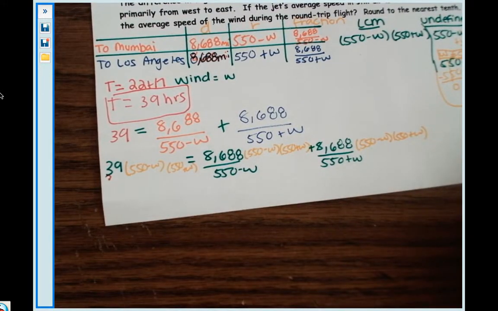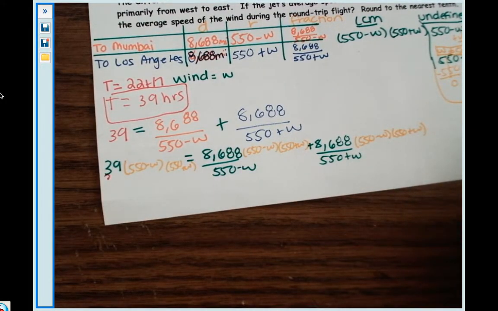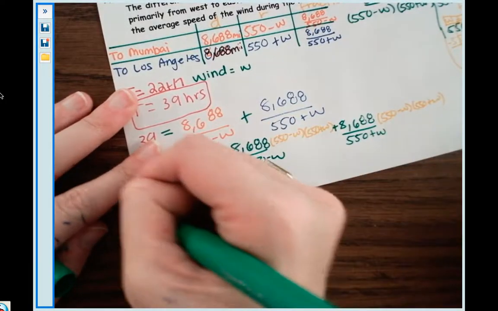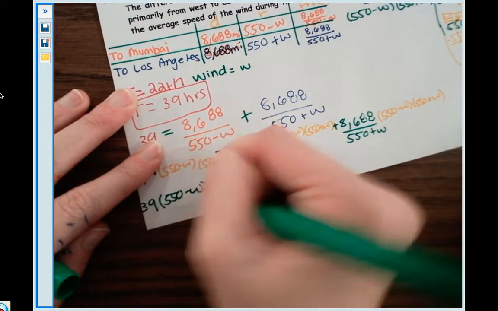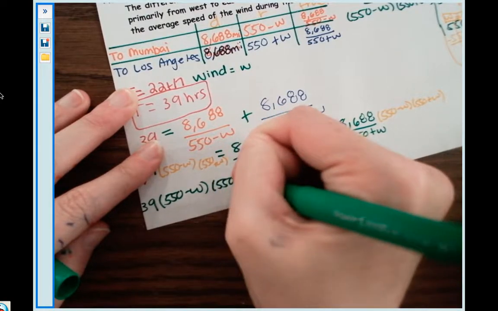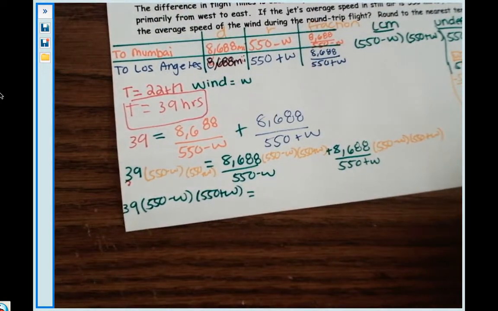All right, let's see what will cancel out. Nothing cancels out here, so I'm just going to bring it on down. So we're going to have 39 times 550 minus W times 550 plus W equals, now let's see if anything crosses out on this side.